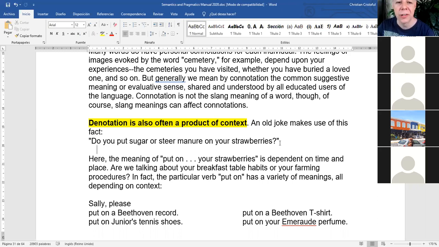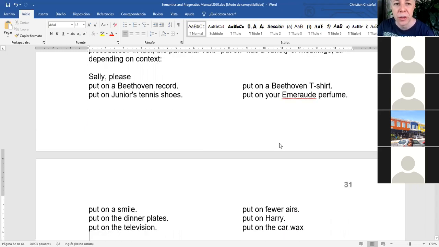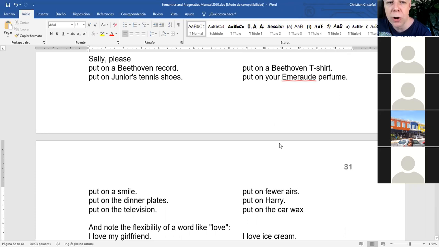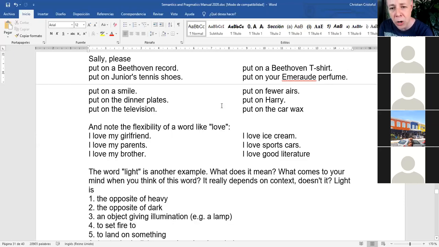Look at the expression put on. Put on a Beethoven record, put on Junior's tennis shoes, put on a Beethoven t-shirt, put on a perfume, put on a smile, put on the dinner plates, put on the television, put on your ears, put on hair, put on the car wax. If you change the context, the word put on changes its meaning.